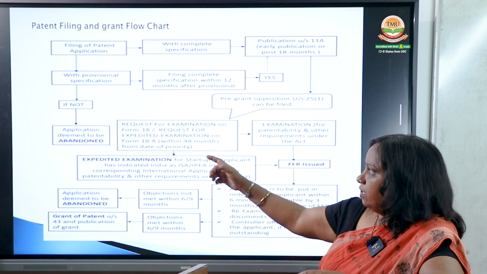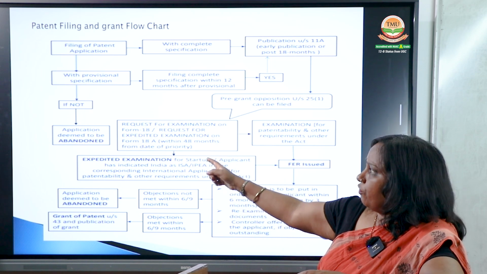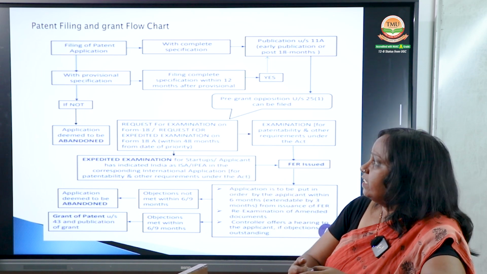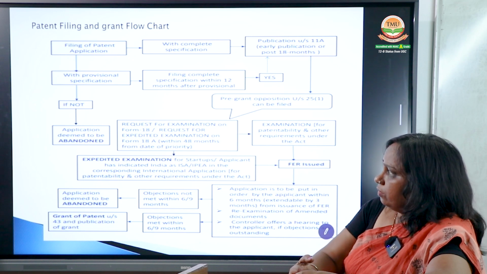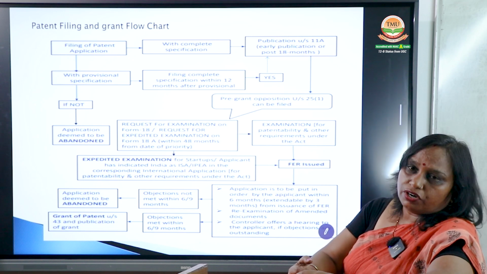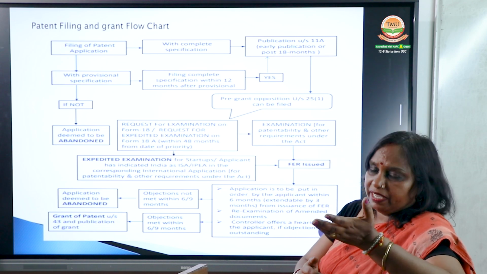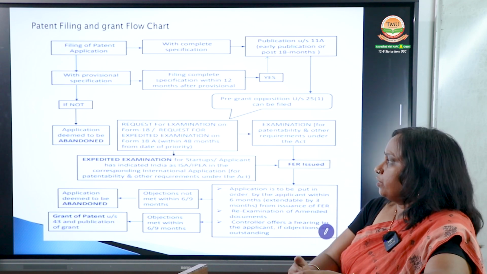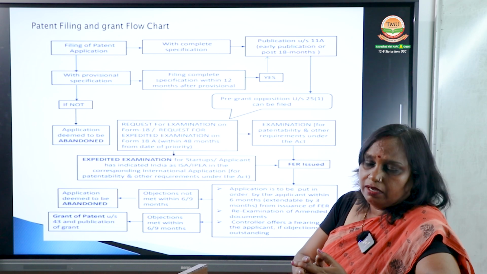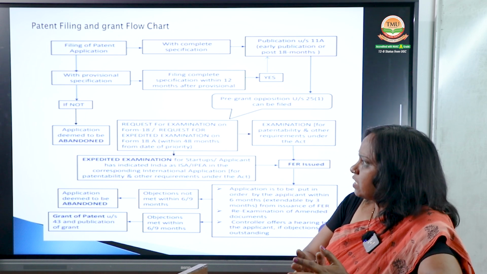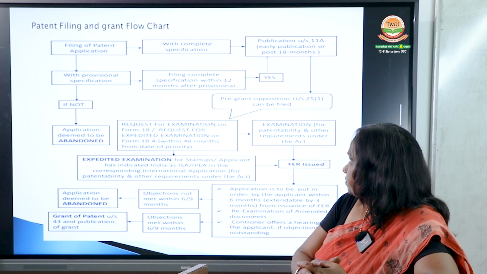And Form 18 is required for the expedited examination. So if you want the examination to be done early, then by paying the prescribed fees, you can ask the patent office for speedy examination.